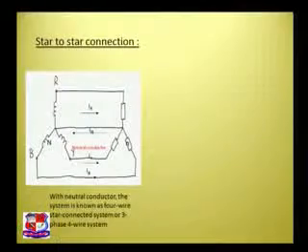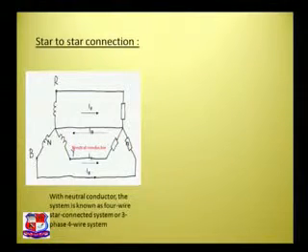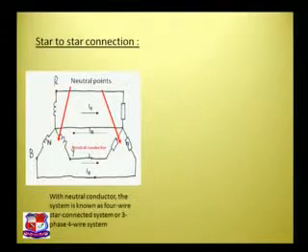Then the next topic, the first connection, the star to star connection, and how you define a star, like R, B and Y. Then the star connection and where the neutral point is. You can define the neutral point, and the phase and the line definitions come in the next slide.